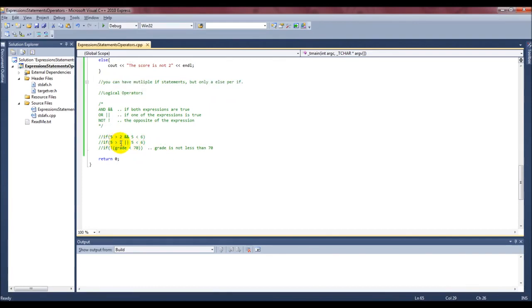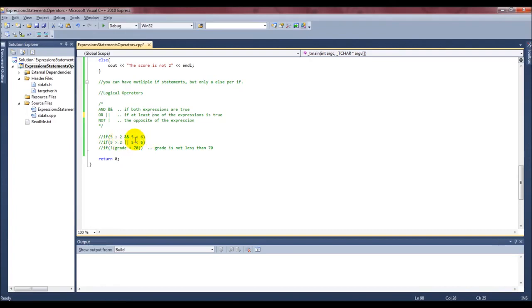Let's take a look at the OR statement. If 5 is greater than 2, that's true, or 5 is less than 6, which is also true. So at least one of these expressions is true, and maybe I should just change that up here a little bit. If at least one of the expressions is true, that helps.